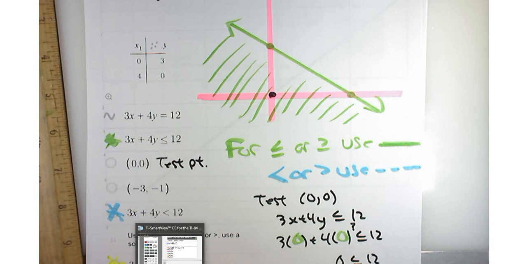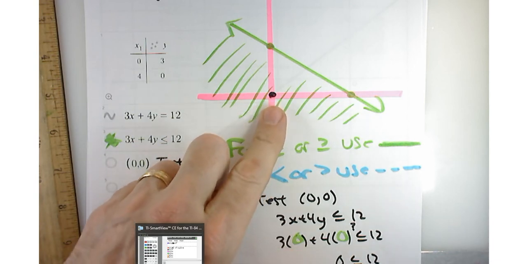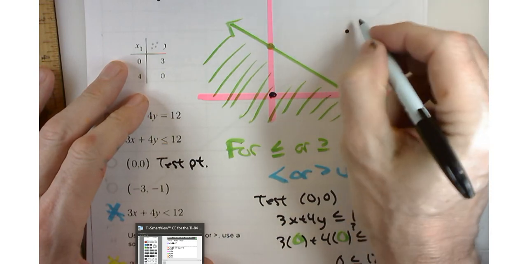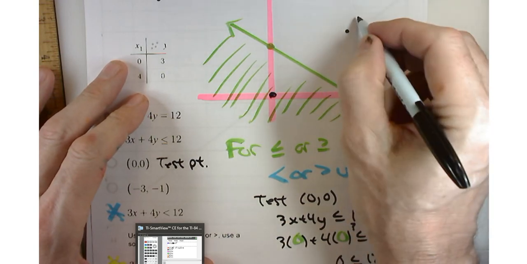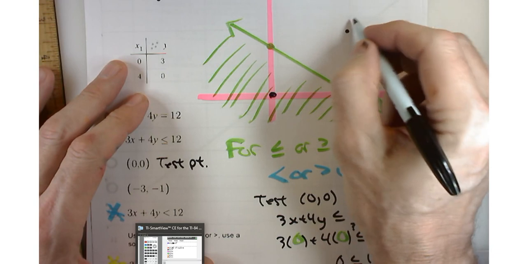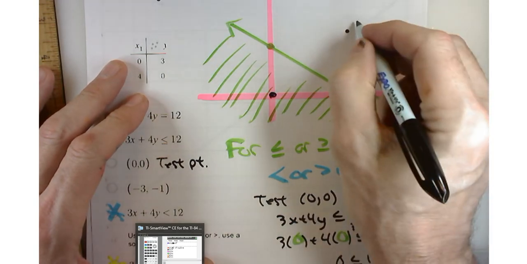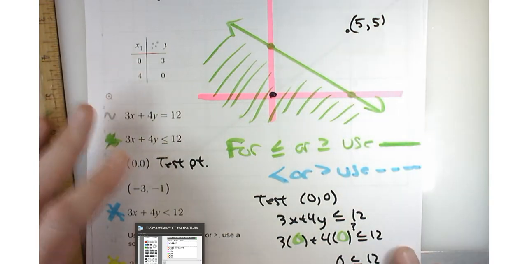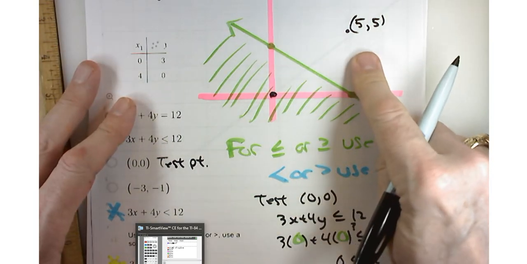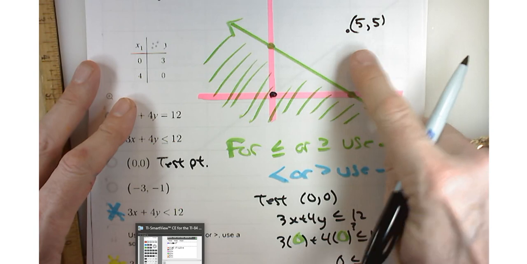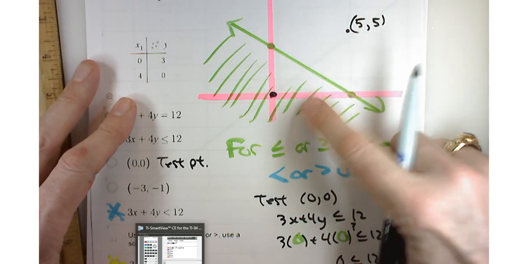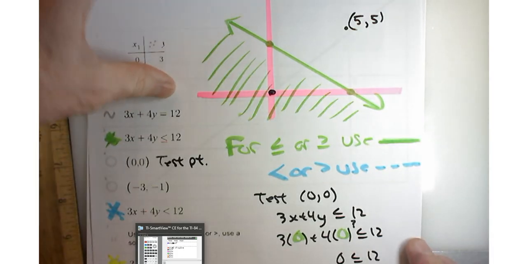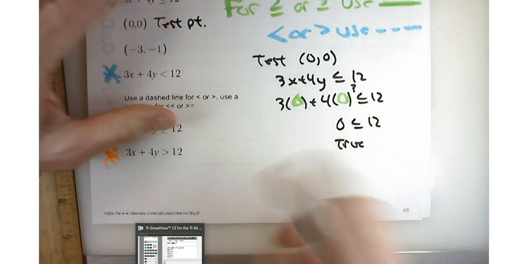Now, if you're skeptical, like, well, I don't know if that one's true. What if we test a point up here? Let's say 5 and 5 or 4 and 5. I'll do 5 and 5, even though this doesn't quite look like 5 and 5. Now, this is on the opposite side of the line, and I've already shaded down here. These should test out true, so any point up here should test out false. So let's see what happens if I tested that point there for you.